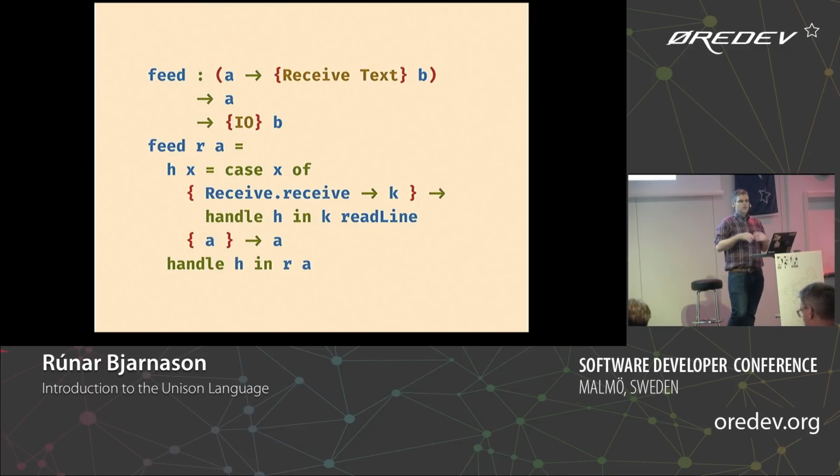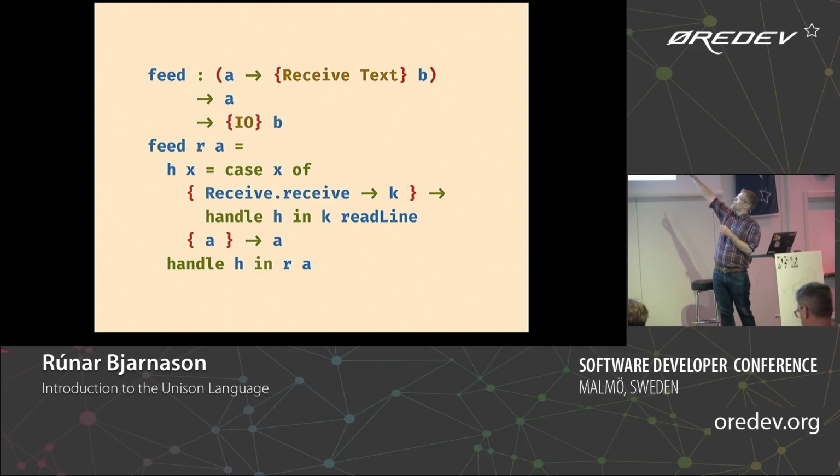But I can also use actual global mutable state. I can use I/O to do things. So here, for example, I'm implementing a receive ability in terms of an I/O ability. I might get a program r as an argument that requires this receive text ability. That is, it might send me requests, like receive.receive, which is a request from that program for some text.